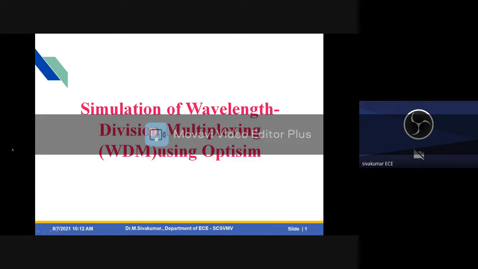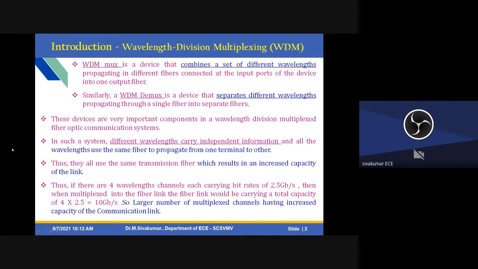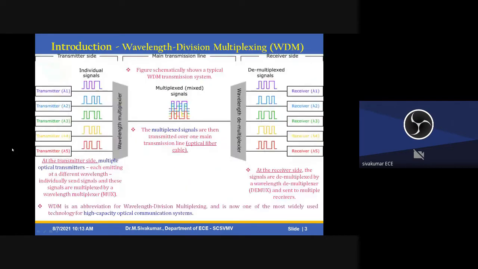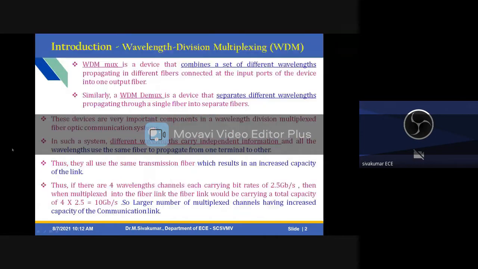Here, by the use of WDM, that is wavelength division multiplexing, multiplexer and demultiplexer, this is an experiment to determine the insertion loss of each channel of the WDM multiplexer and loss uniformity.